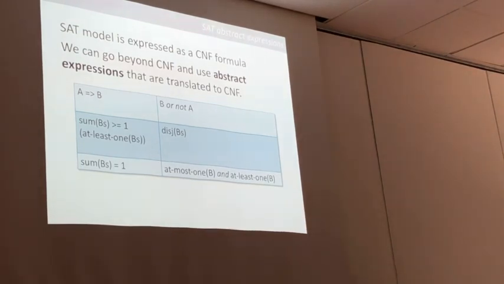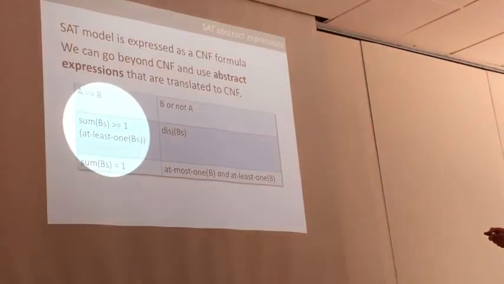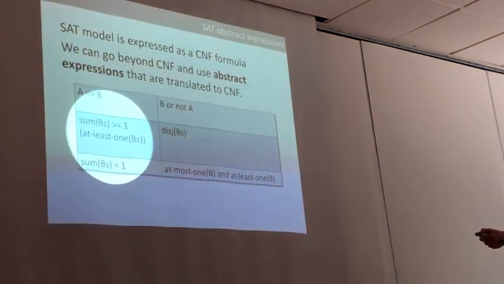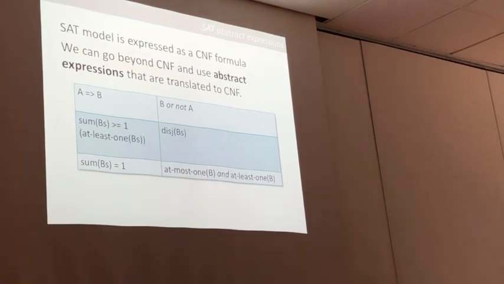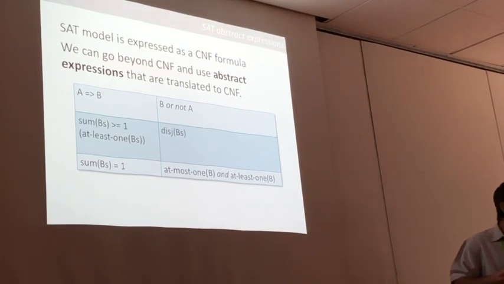But we can also use formulas like the sum of variables is greater or equal than 1, which is basically the same as a huge disjunction, or we can call it at least one of the variables is true, or we can use the sum of variables equals 1, which means exactly one of the variables equals 1. Obviously, they need to be decomposed to CNF.